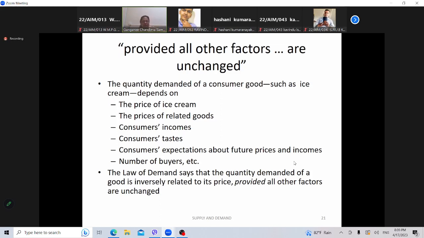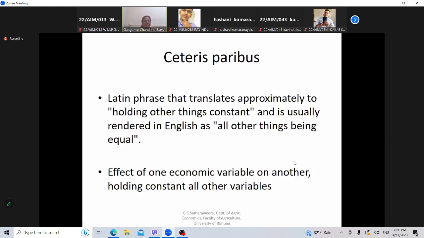Okay, so when I ask what is the law of demand, you have to write there's an inverse relationship between price and the quantity demanded, but we have to keep other factors constant. Consumer income is constant, consumer taste is constant, expectations are not changed, number of buyers are not changed. Only in that case can we see the price and the quantity demanded in the law of demand.